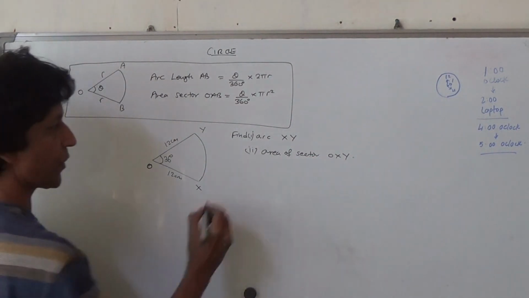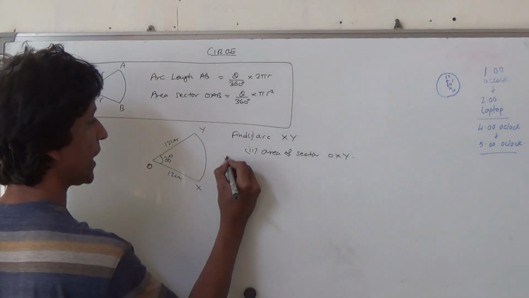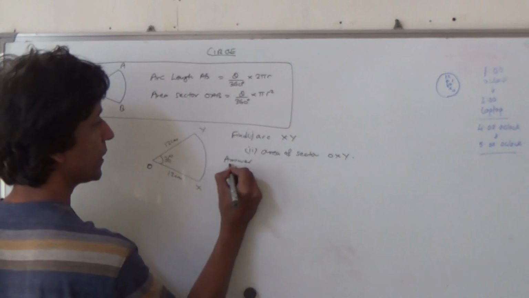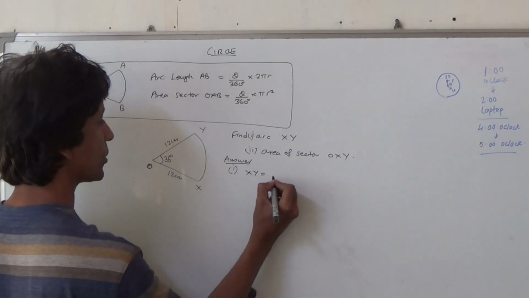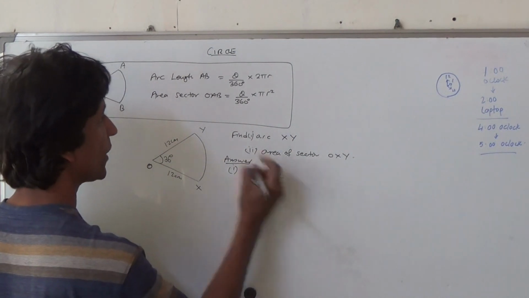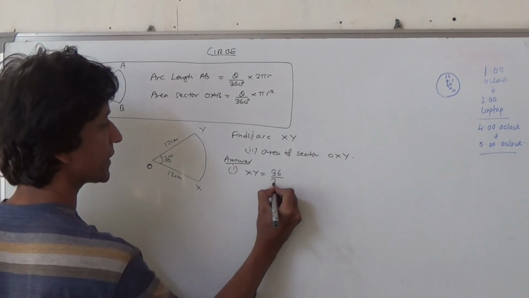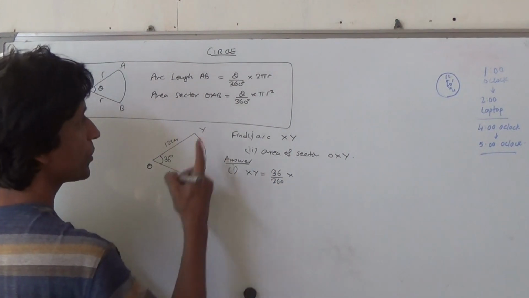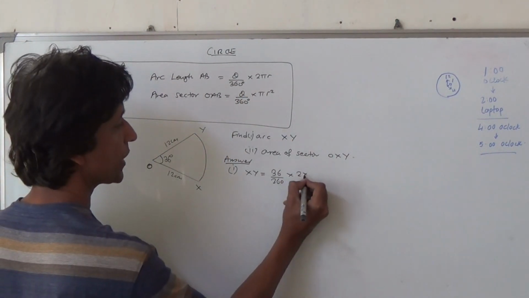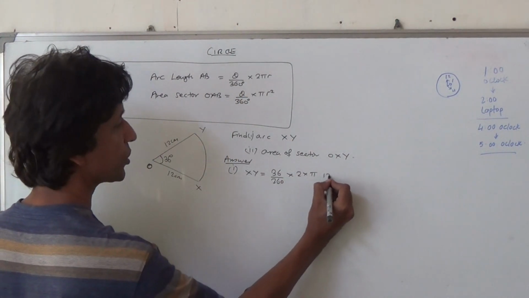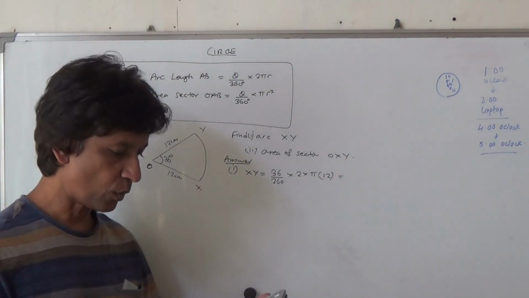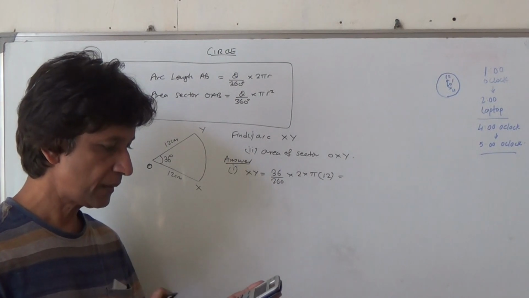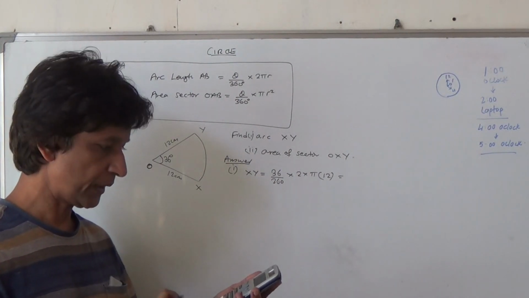The first part is very easy, as well as the second part. So XY is equal to 36 divided by 360 degrees times 2 pi r, 2 times pi times r, and r is 12. You can just plug all these values into your calculator and you will get the answer.